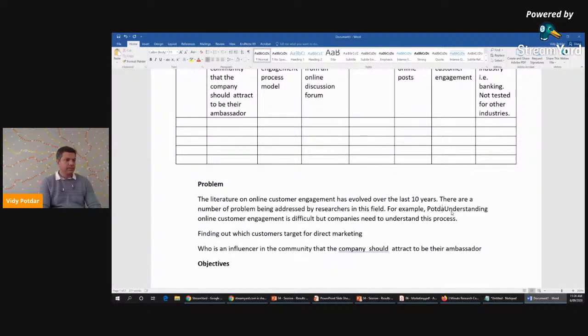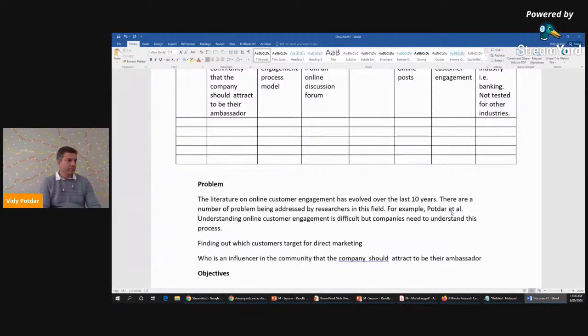For example, Potdar et al. 2020 focused on understanding online customer engagement, because it is difficult for companies to engage with their customers, and they need to know the process to understand this.